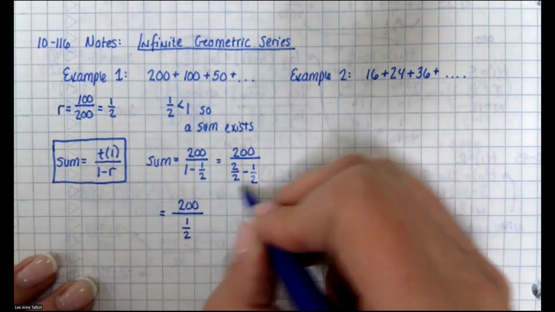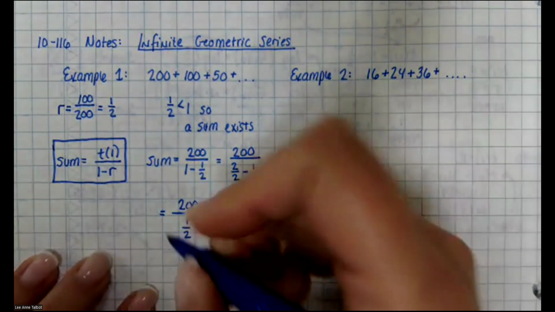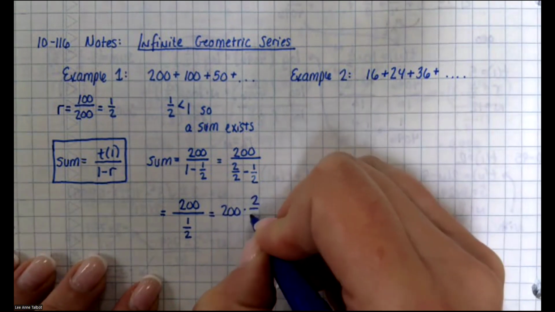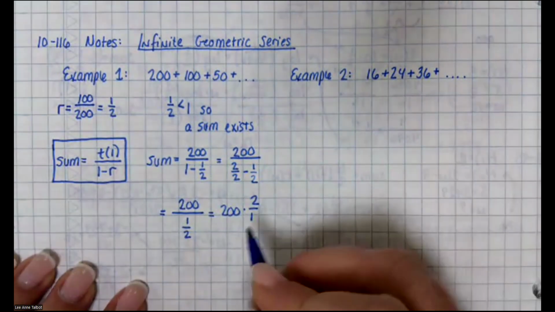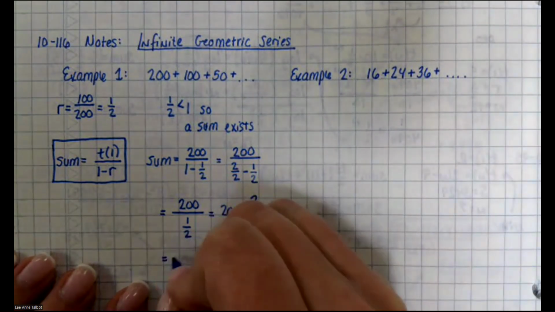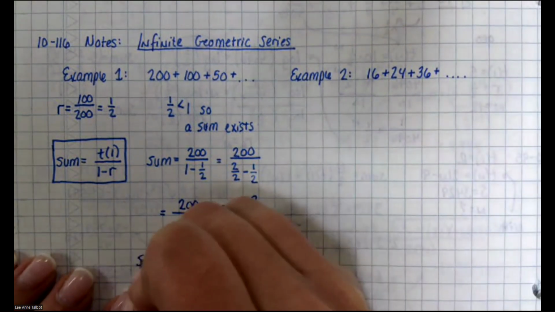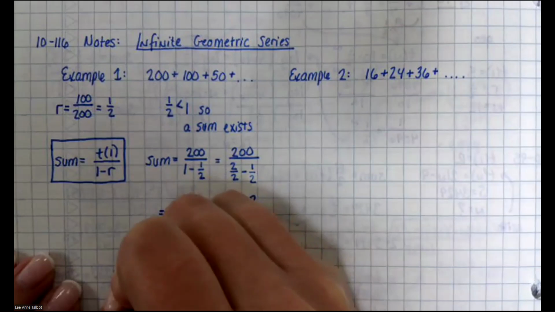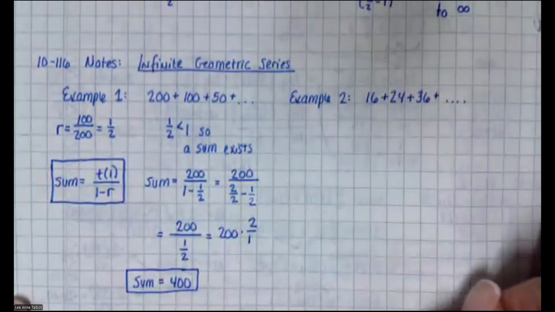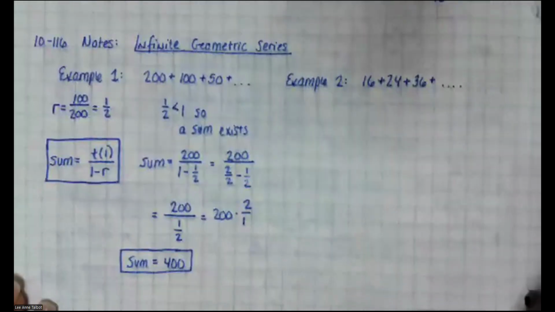Now keep, change, flip. And there's your 400 that you knew it was going to be because you did all this work up here to show that it was really close to 400.